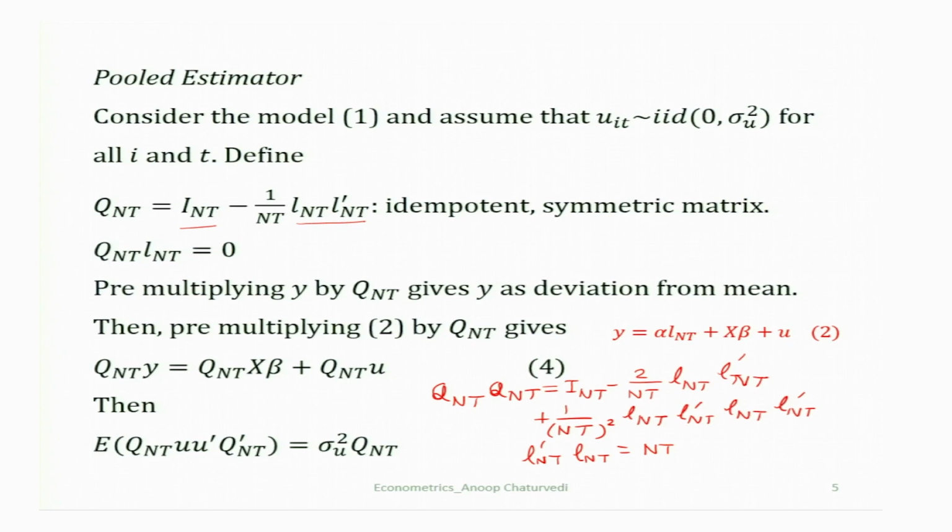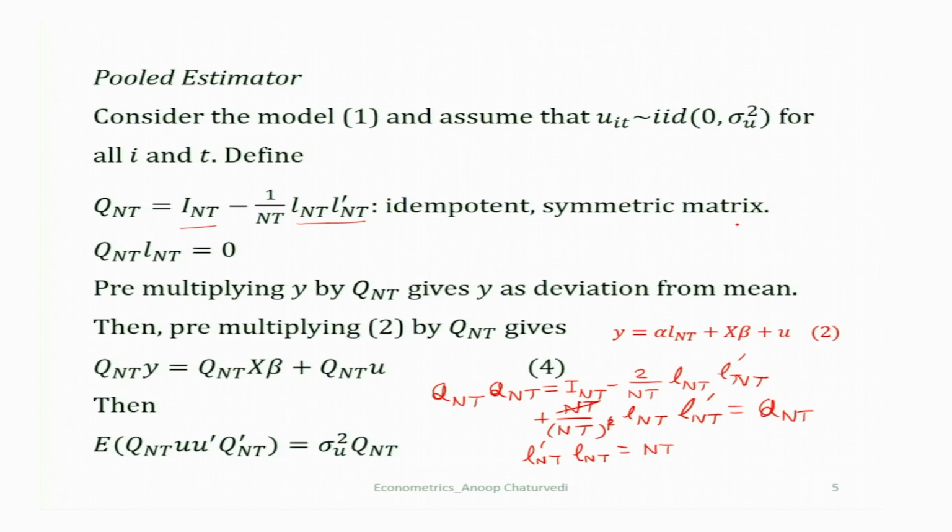You can take it outside, and one nt will cancel out. So, finally, you obtain Q_nt. Therefore, Q_nt is an idempotent matrix.